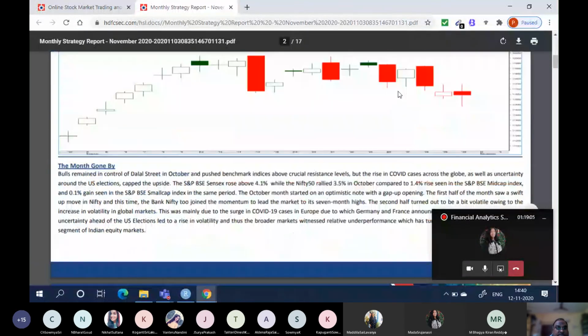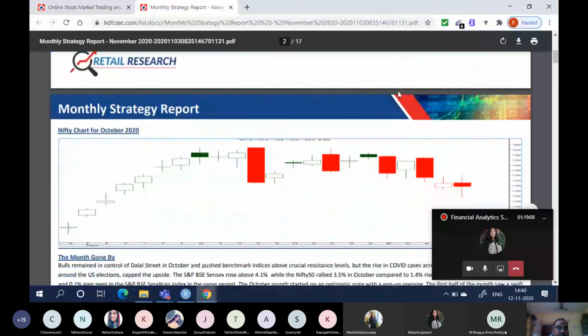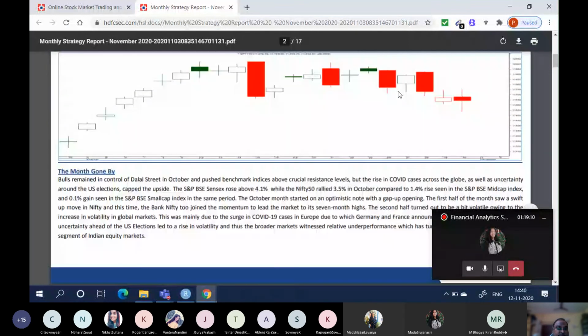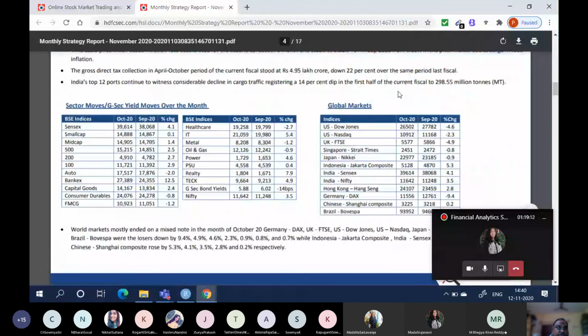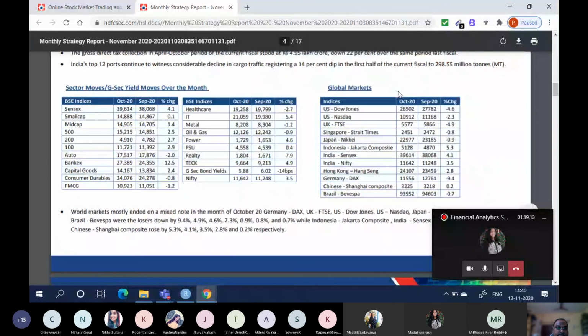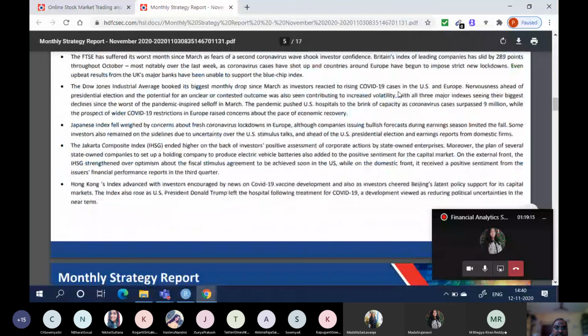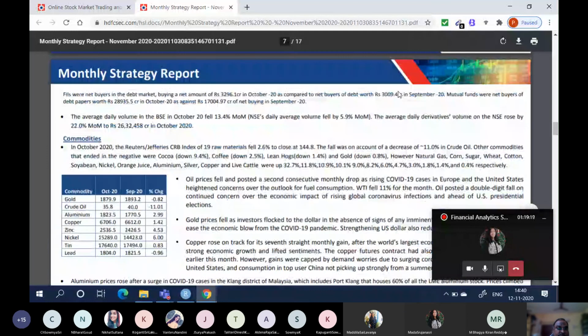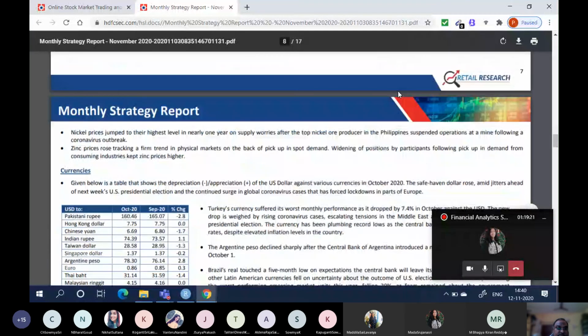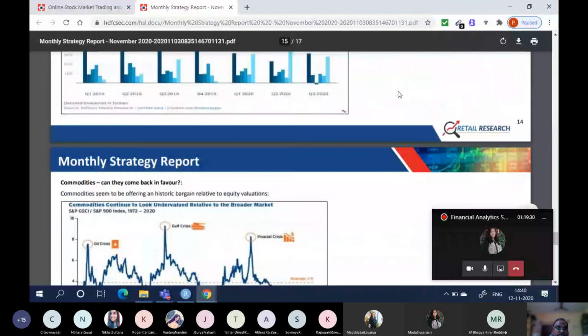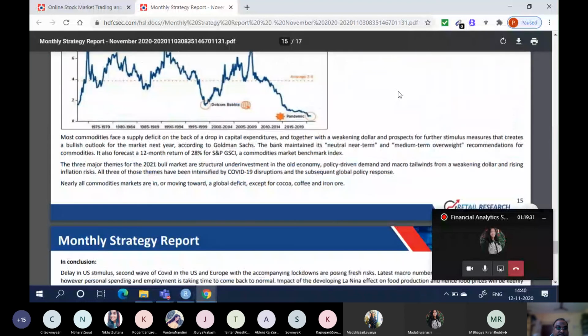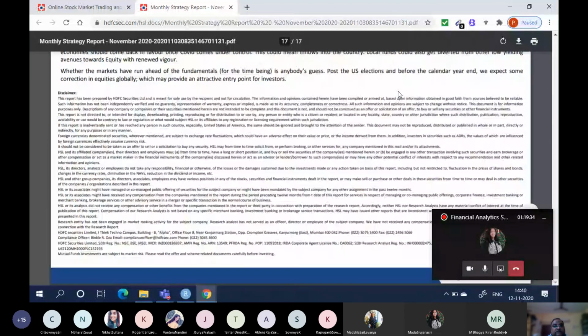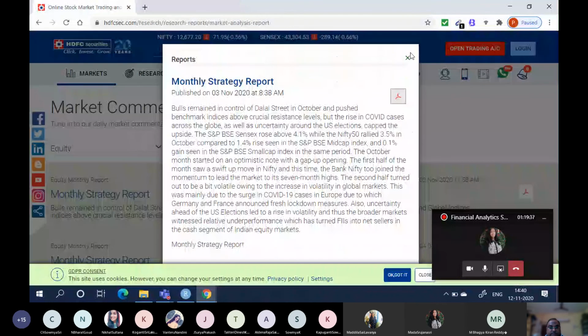In the monthly report from HDFC Securities, again they have used a Nifty candlestick chart. Then mid cap, 500, FTSE strategy report, benchmark yields, gold prices, currency markets, and then Indian markets, commodities. The monthly report is not giving us any technical indicators.